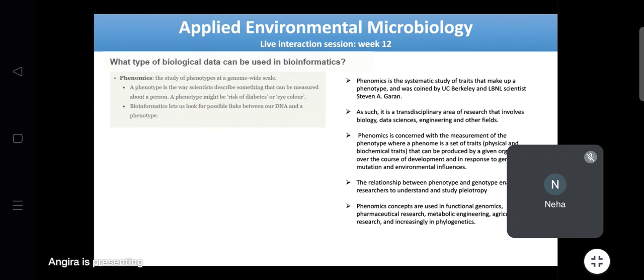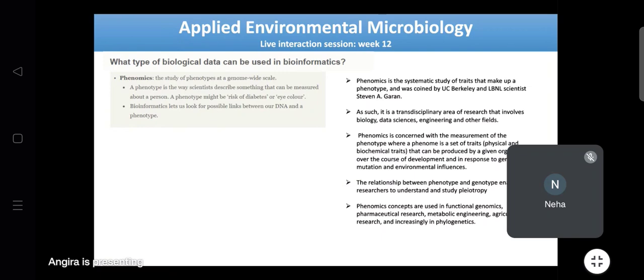Okay, so basically, as I said, phenomics is a study of the traits that make up a phenotype, and the term was first coined by a scientist at UC Berkeley known as Stephen A. Garan. And this particular area, as I said, is also interdisciplinary, and it involves research that has its place in biology, data sciences, engineering, and other fields.